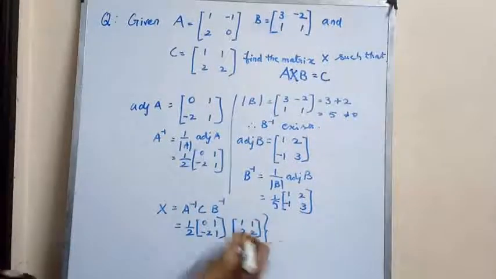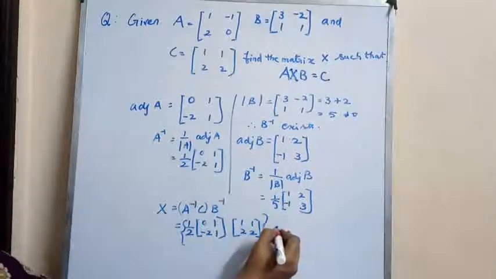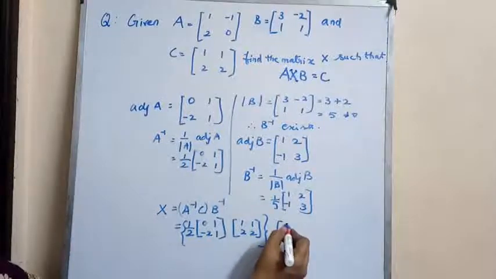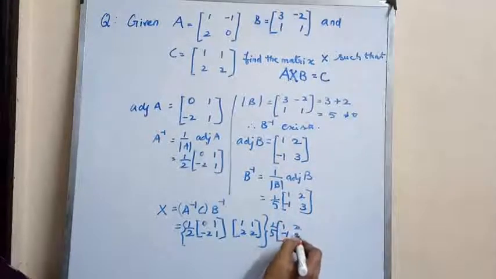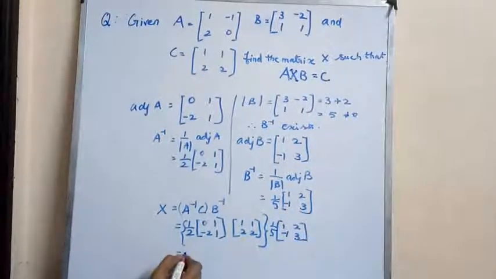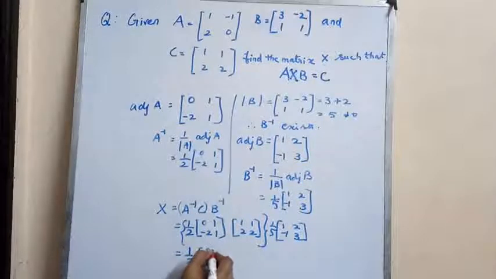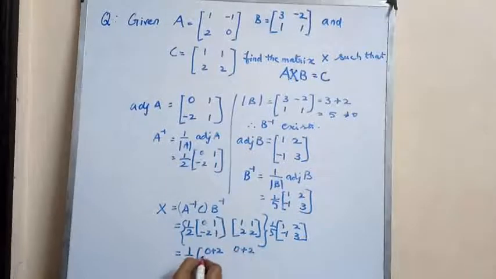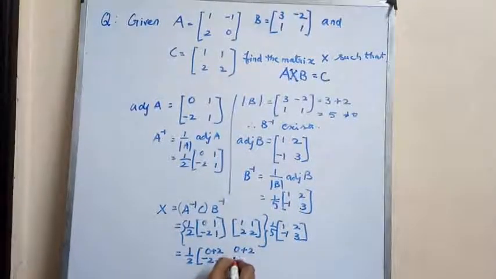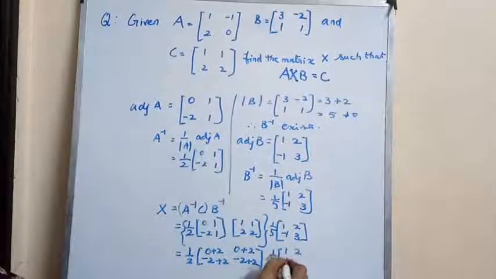This product we'll find first and then we'll multiply it with B inverse, that is 1 by 5 into 1, 2, minus 1 and 3. So product of this is half into 0 plus 2, 0 plus 2, minus 2 plus 2, minus 2 plus 2, into 1 by 5 into 1, 2, minus 1, 3.